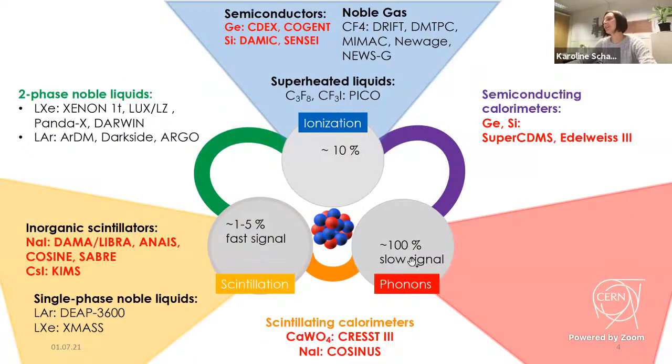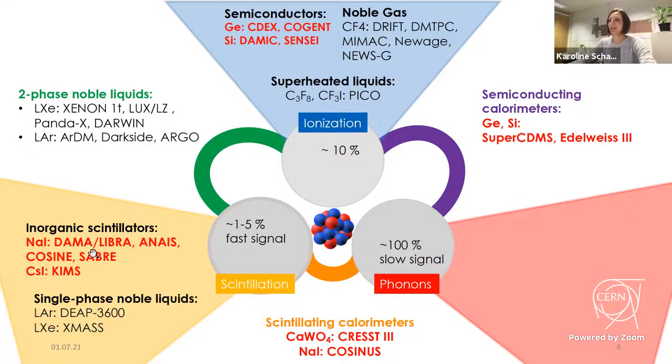The important thing is to realize that if you just detect one of these channels, for example, just the scintillation light, you don't have particle discrimination. Instead, if you detect scintillation and ionization, as you have heard today by Cristiano again, there's a way of discriminating nuclear recoils from this common background, which is interesting for these standard WIMP dark matter searches.